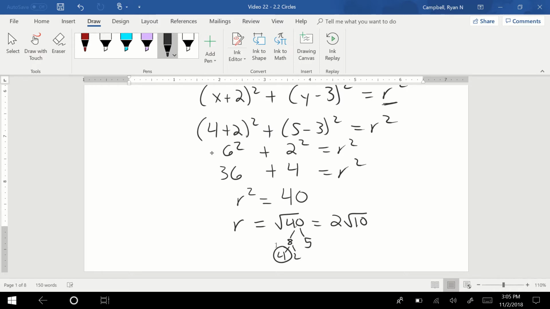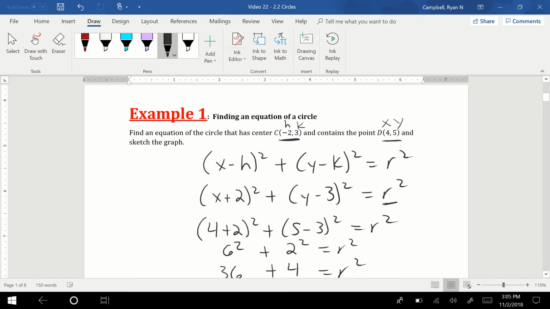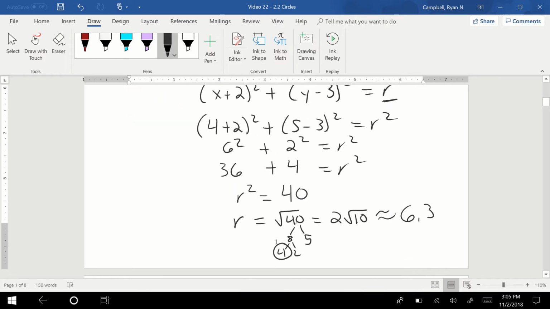And let's type that into our calculator. That should be about 6.3-ish. It didn't give us any units, so it's just going to be units.